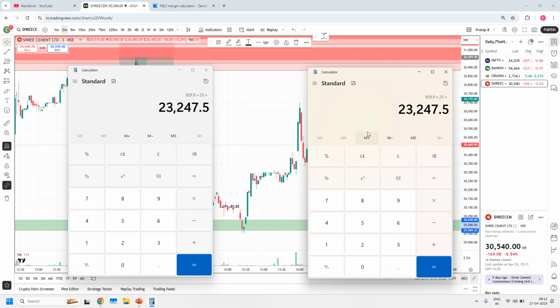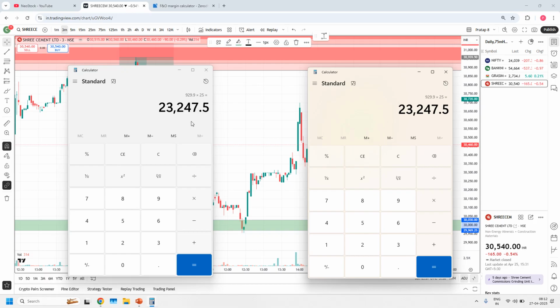So whether you buy in equity or in futures, the profit is the same. In futures charts you will see a small difference, which you will understand later. But for timing, I am doing simple calculations.